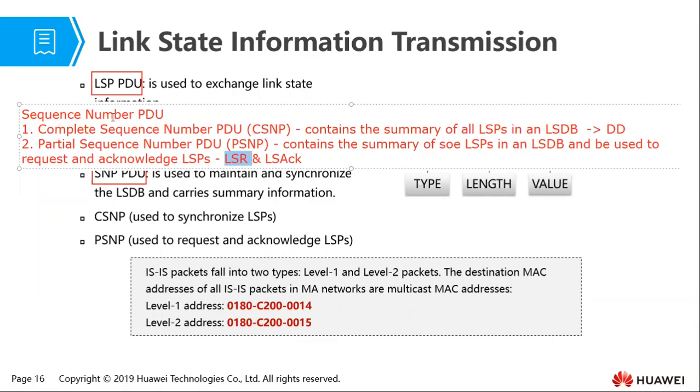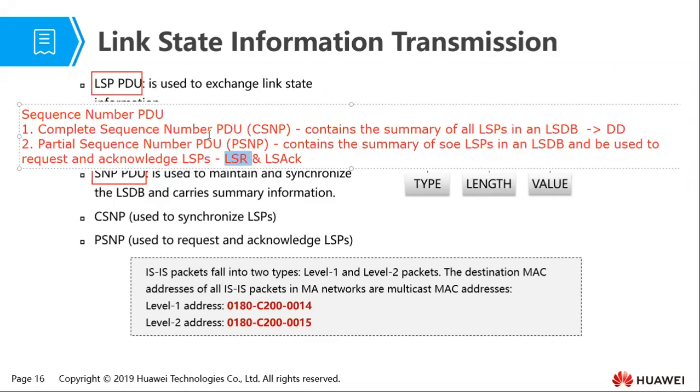So a level 1 router will transmit just level 1 LSPs. A level 2 router can only transmit level 2 LSPs. On the other hand, a level 1, 2 router can transmit both level 1 and level 2 LSPs.